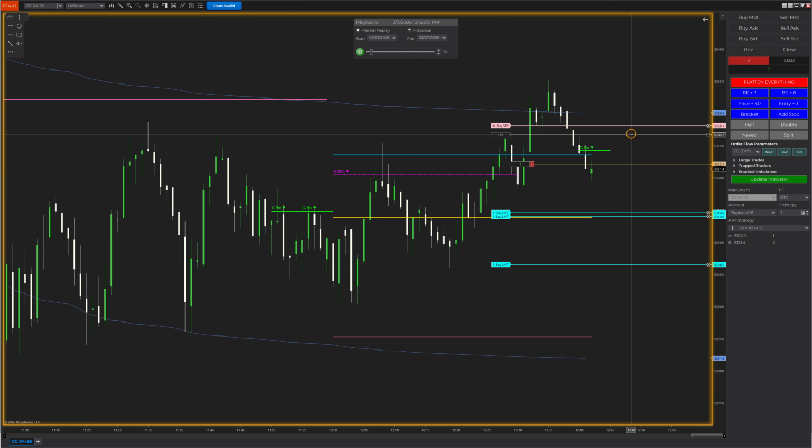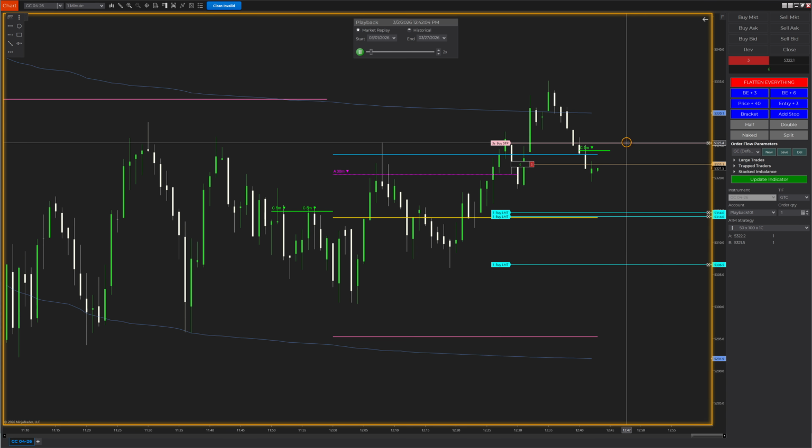And I'm going to move this down to above the highest point. Uh-oh, that could be it. So really want to try to get that 2-to-1 reward to risk ratio. A little bit more and I can move to break even.